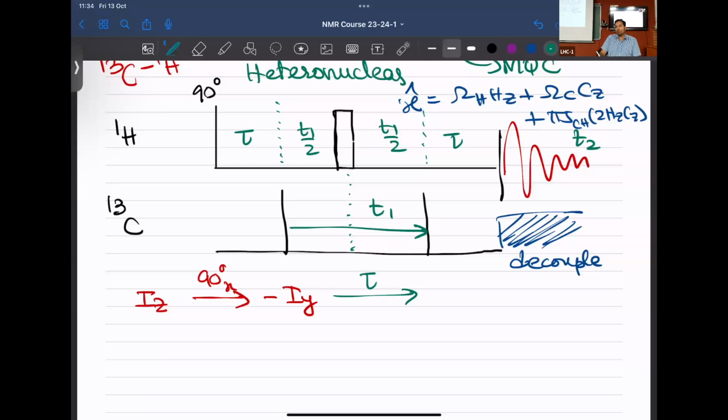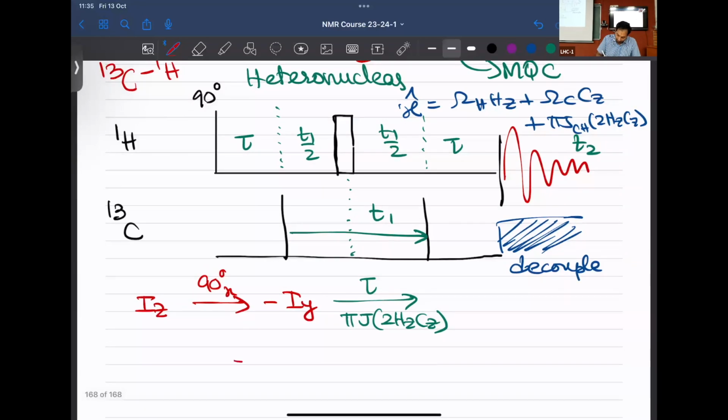So during the first tau period, only pi J 2 HzCz will evolve, and it commutes with the others. So the first part, I'm just evolving the scalar coupling. So now this will be equal to minus Iy cos pi J tau plus 2IxSz sin pi J tau.